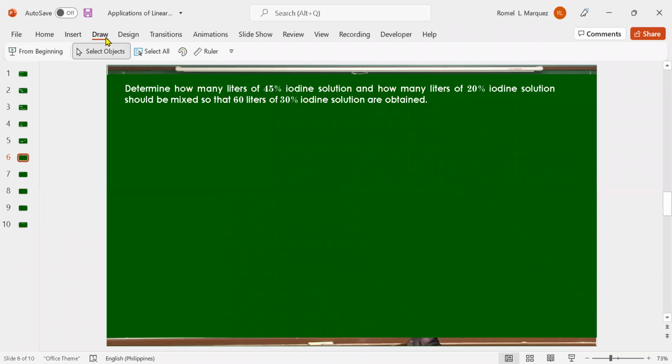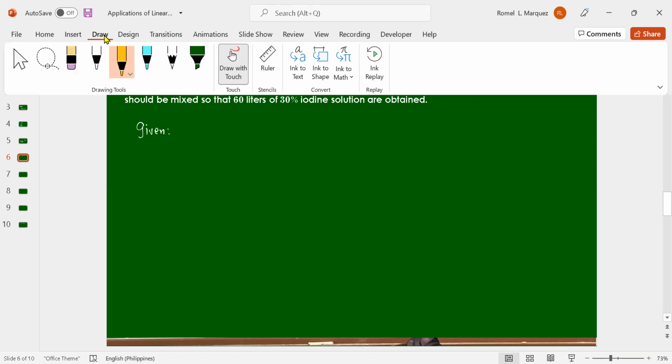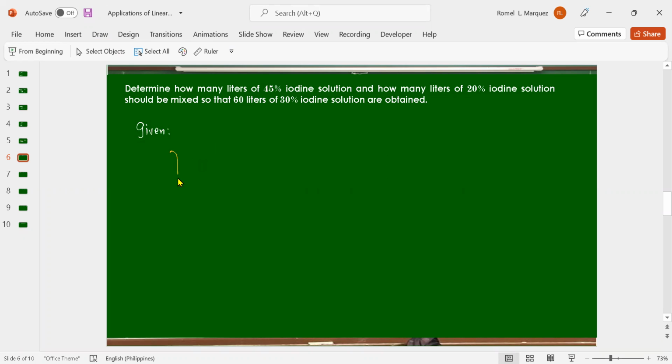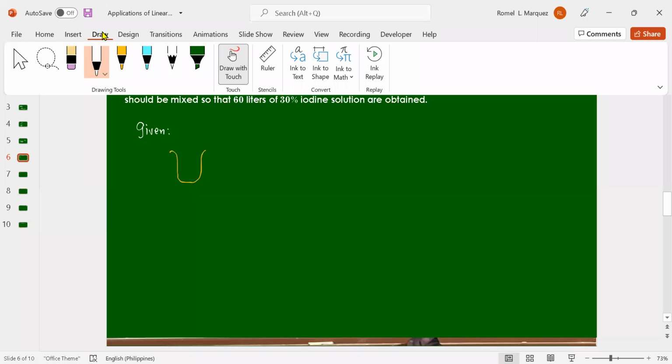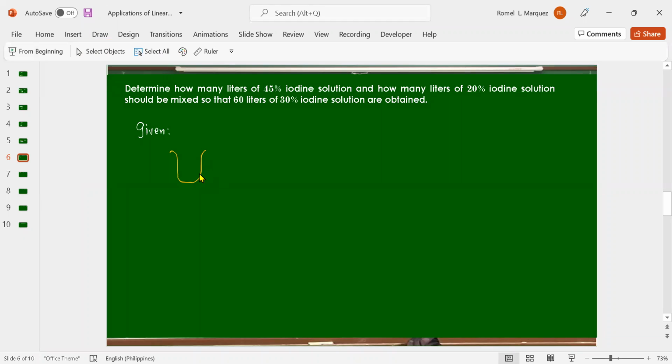What about this one? Determine how many liters of iodine solution. So a solution is a homogeneous mixture, no? So let's say we have a solution. So 45%, how many liters of 40% iodine solution? We do not know the amount, I mean the volume, no?